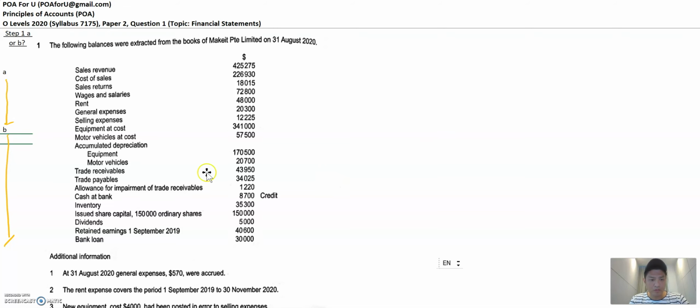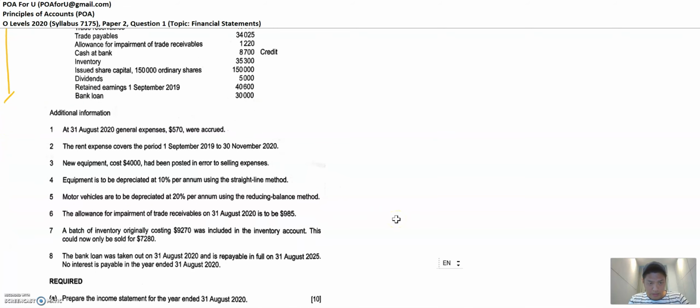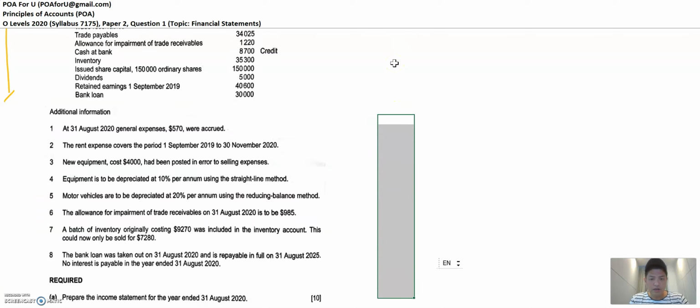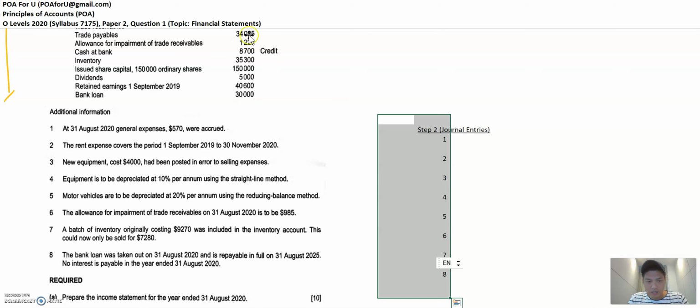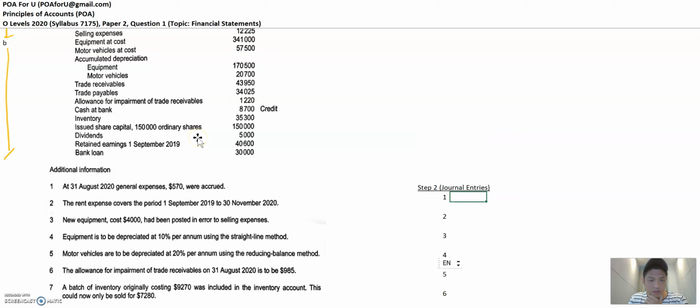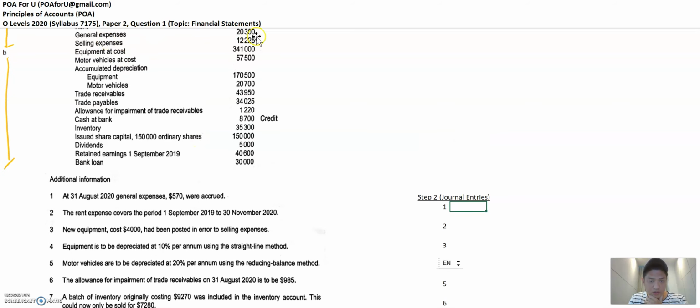Now step two, we are going to work out in this additional information what the journal entries are. Okay, so let's see what the journal entries are for this. General expenses. We have a general expense here, 20,300, and 570 were accrued.